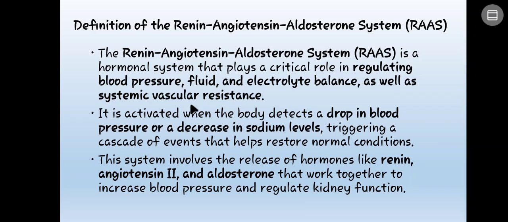So these are the two occurrences that will activate the system. And most of the time they use this in certain MCQ questions: which of the following occurrences will activate the renin-angiotensin-aldosterone system? When there is a drop in the blood pressure, when your blood pressure reduces, and again, when there is a decrease in your blood sodium levels.